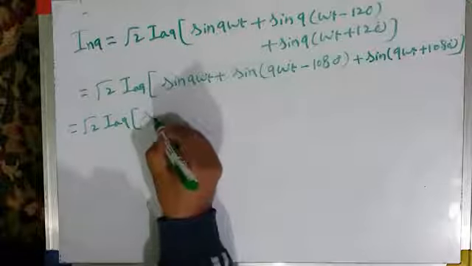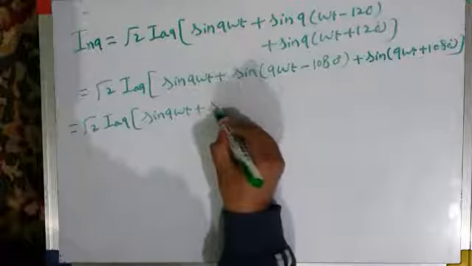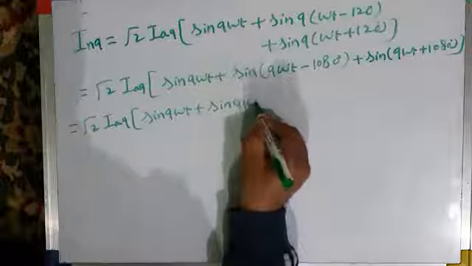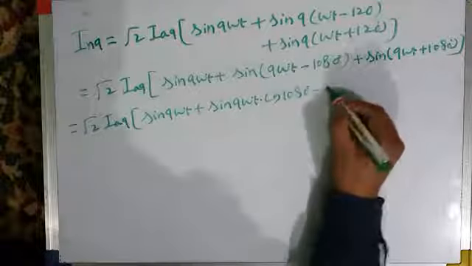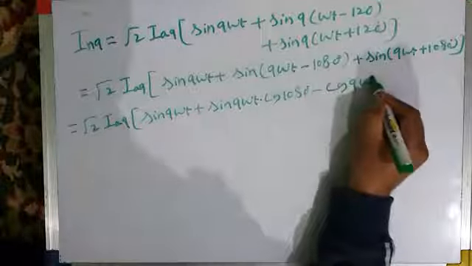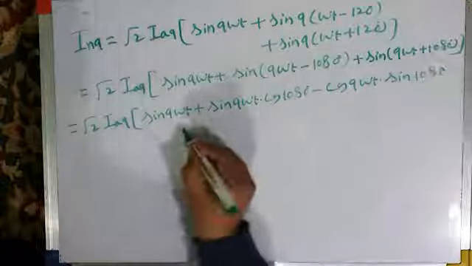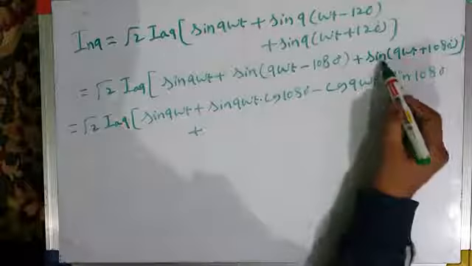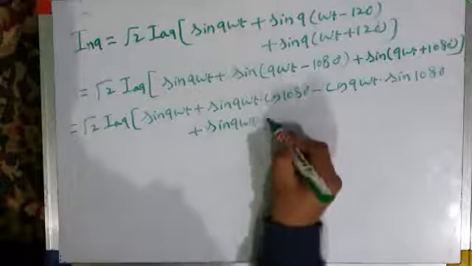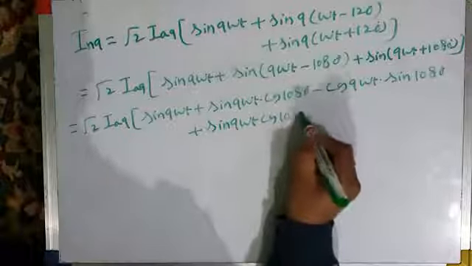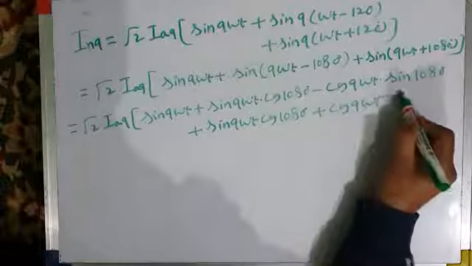First term here is sine 9 omega t plus, this is sine of A minus B, which is sine A, 9 omega t, into cos B, cos 1080 degrees, minus cos A, 9 omega t, into sine B, 1080 degrees, plus you have sine of A plus B, which is sine A cos B plus cos A sine B.